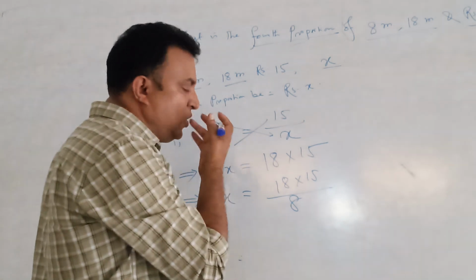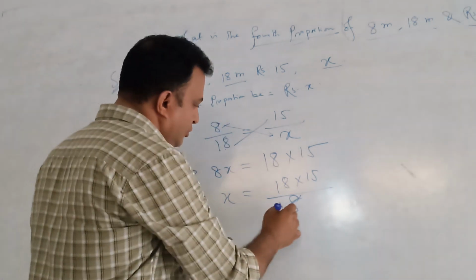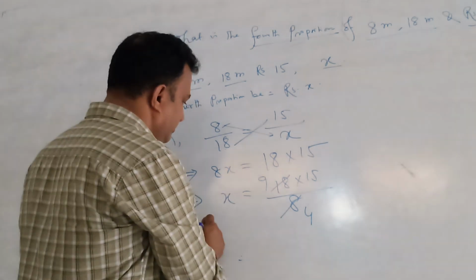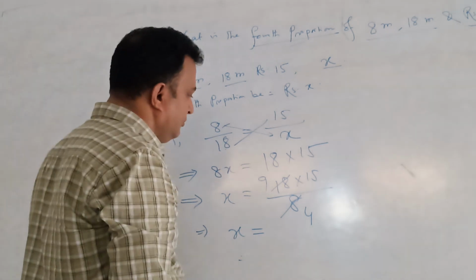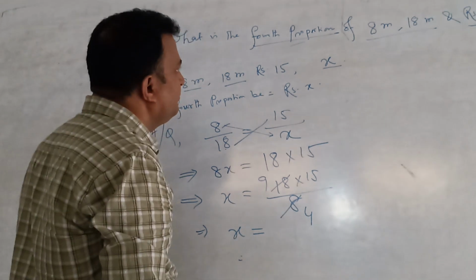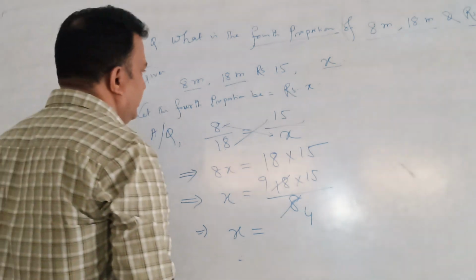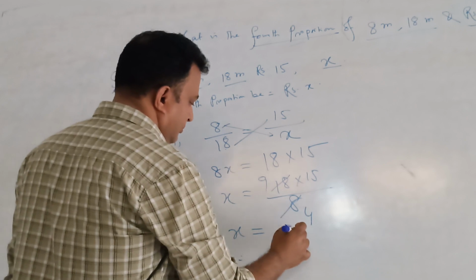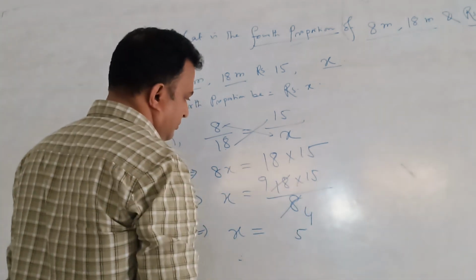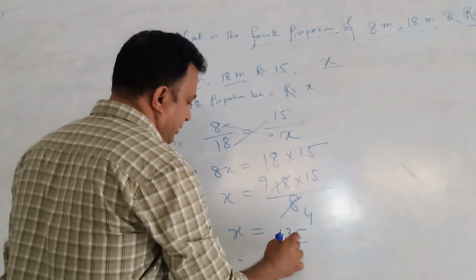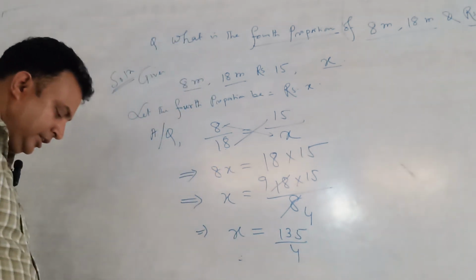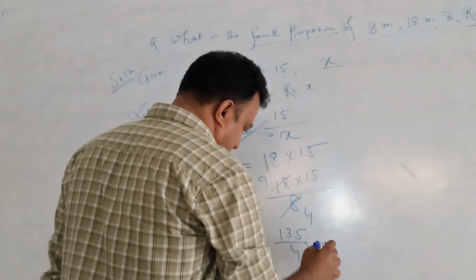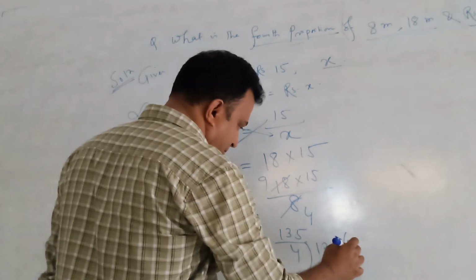Now convert it to the lowest term: 4 to the 8, 9 to the 18. x is equal to 135 by 4 is the result, and you may convert it to decimal.